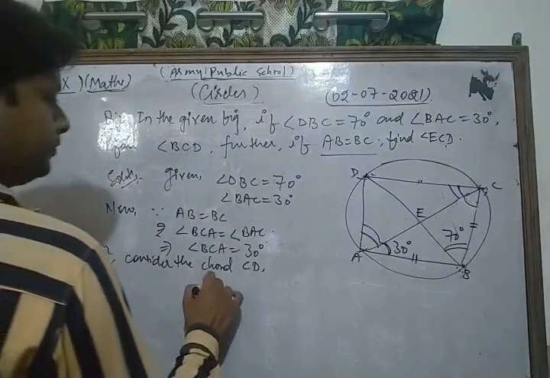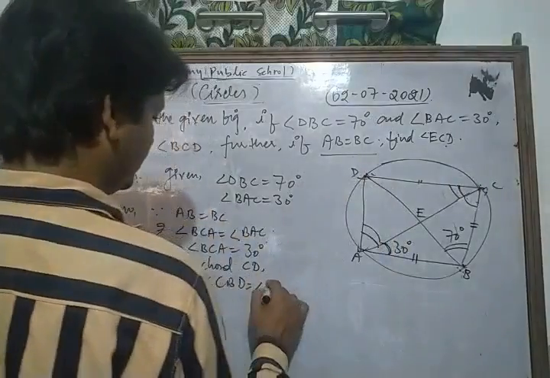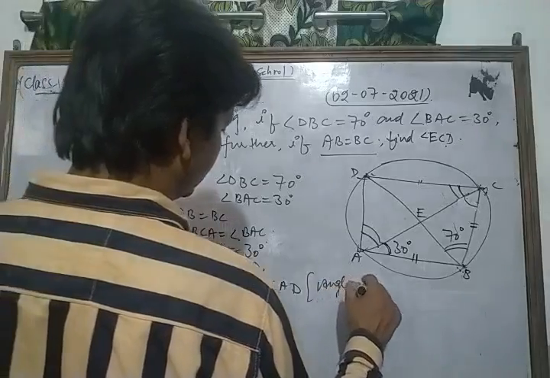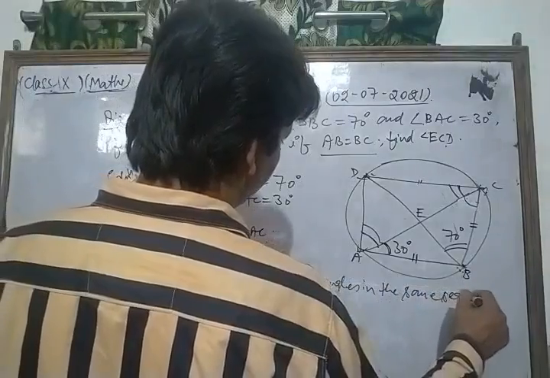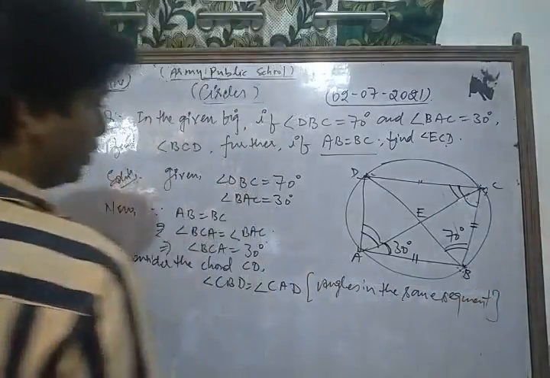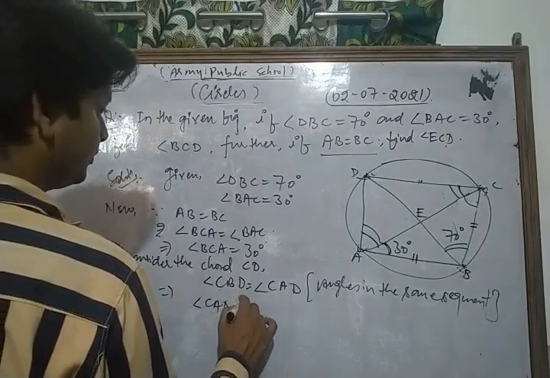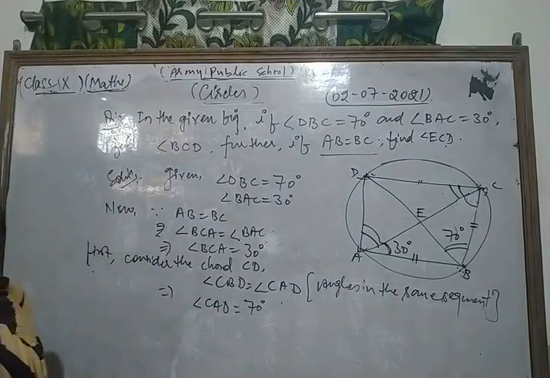So angle CBD is equal to angle CAD. These are angles in the same segment, which are equal to each other. That is, angle CAD is equal to 70 degrees.